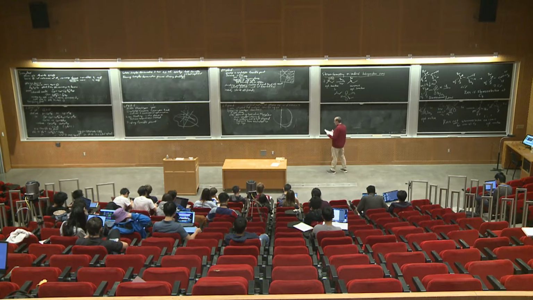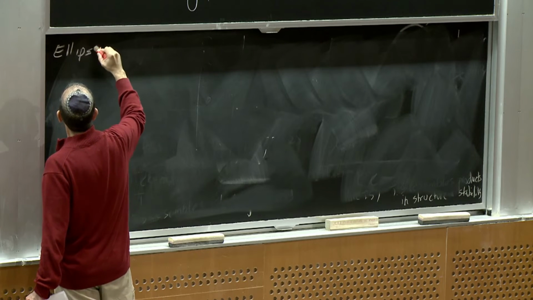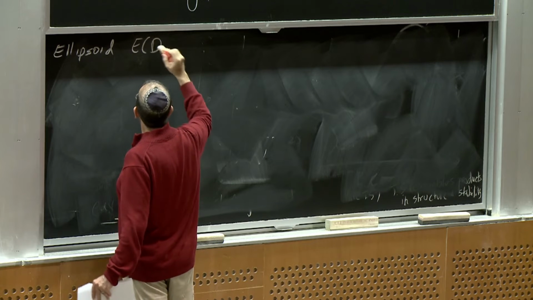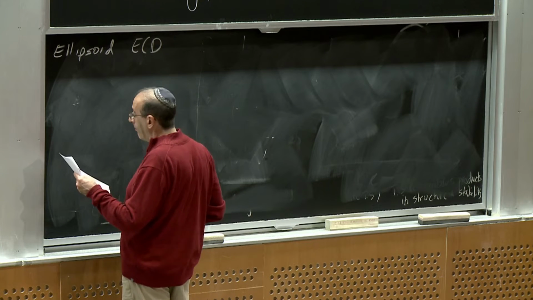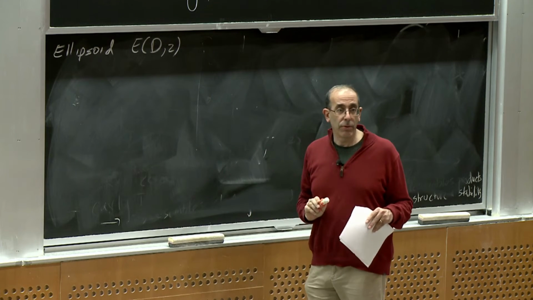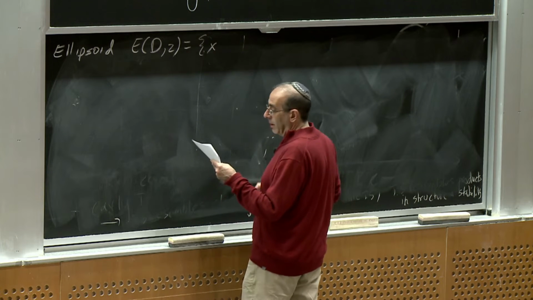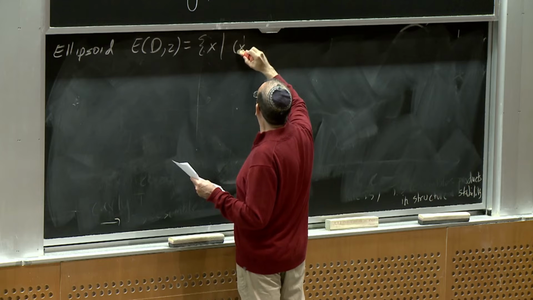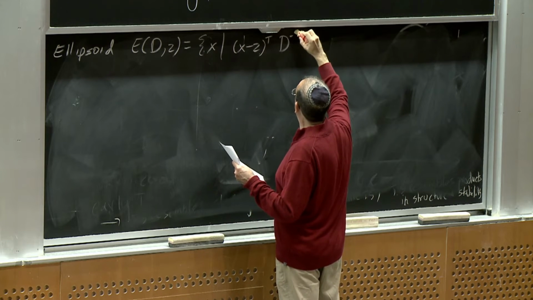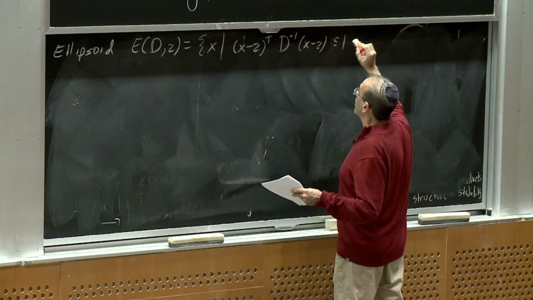Okay. So let me fill in some math. I'm going to define an ellipsoid E, and I can do that using a matrix and a center point for the ellipsoid. It's just equal to the set of points x such that (x minus z) transpose times D inverse times (x minus z) is less than or equal to 1.